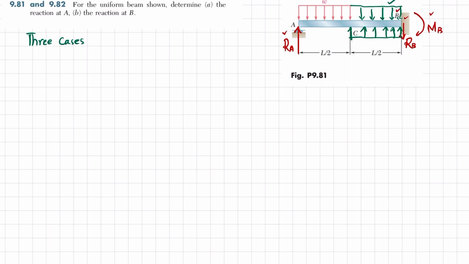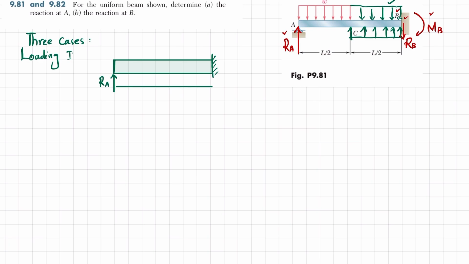I will show you the first case, loading 1. If I draw this beam like this, there is a reaction force at point A, RA, and this is the fixed support, and let the total length be L. Clear?